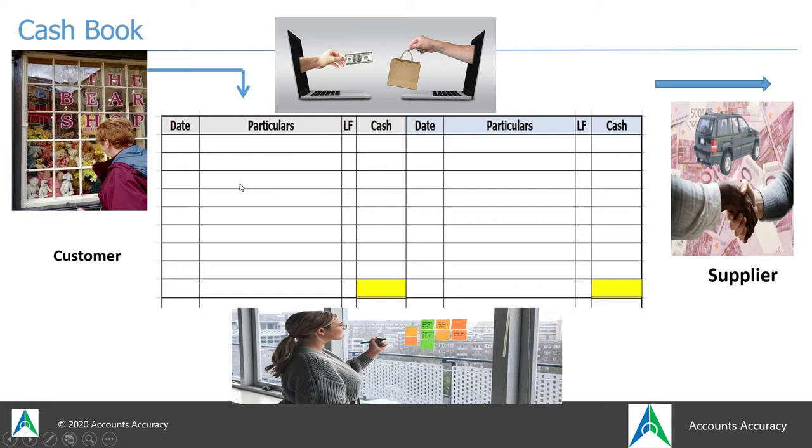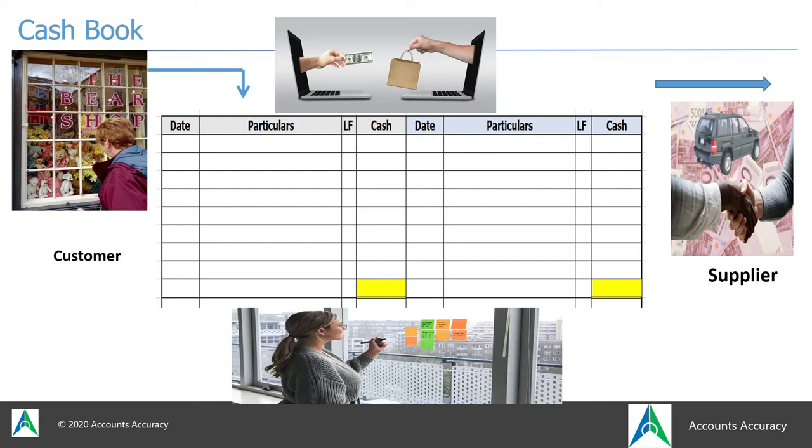When the customer pays cash, that means the company receives cash, and when the supplier or the employees take away their salary or cash from the company, cash goes out. So that's why the cash book is maintained in order to record all such transactions relating to cash. That means whether cash has been received or paid.